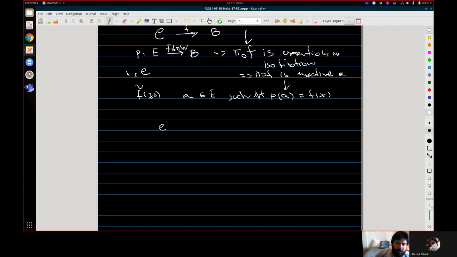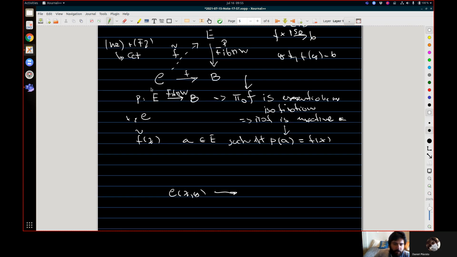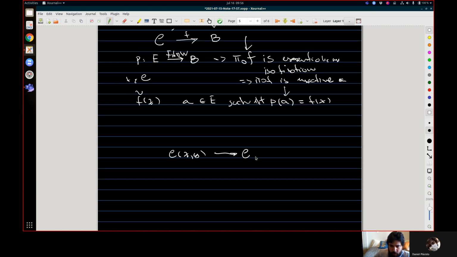So we have a diagram like this that commutes. For every x, y, we have F of x. No, sorry, I will need a bit more space. For every two objects, we have a morphism like this. Okay, so we define the action of F tilde on objects. Now we must define its action on morphisms.